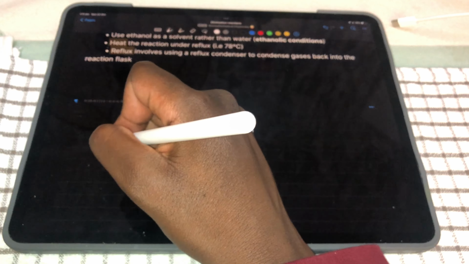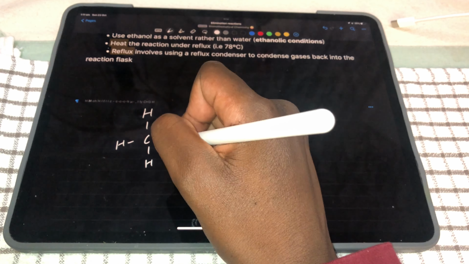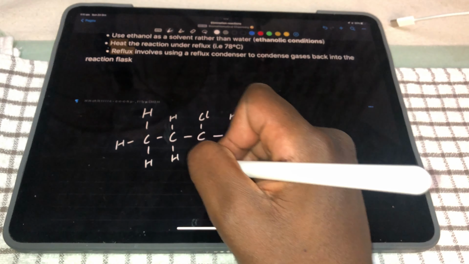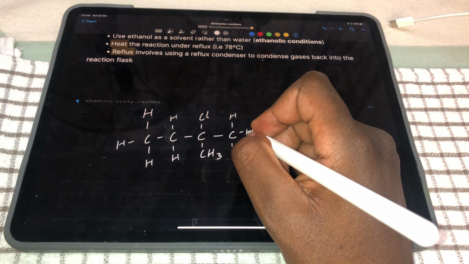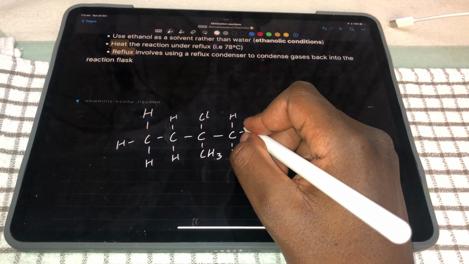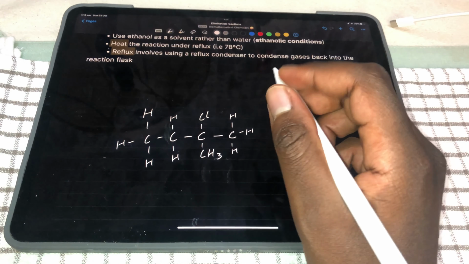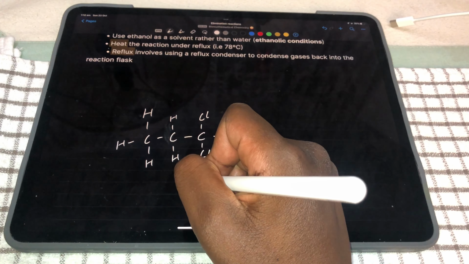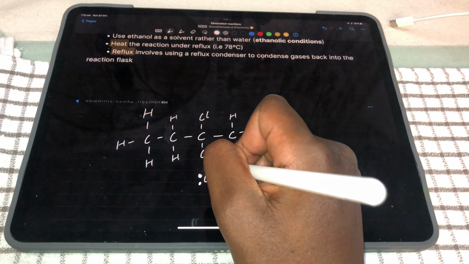I'm just trying to see whether or not you get a major or minor product in these reactions. I think you would, and if I'm wrong, then you can just tell me in the comments.